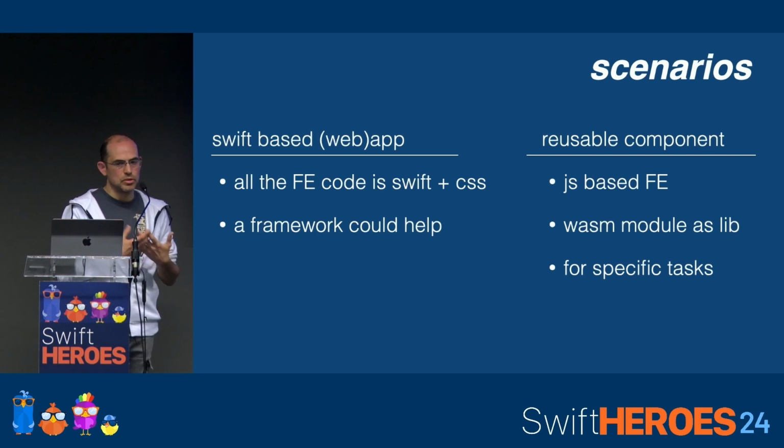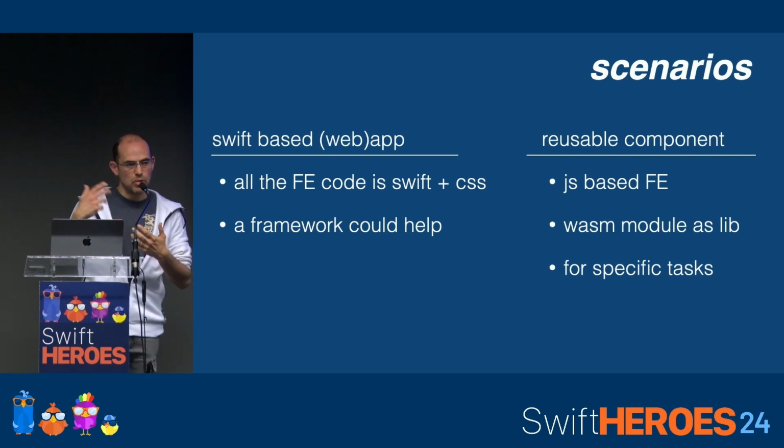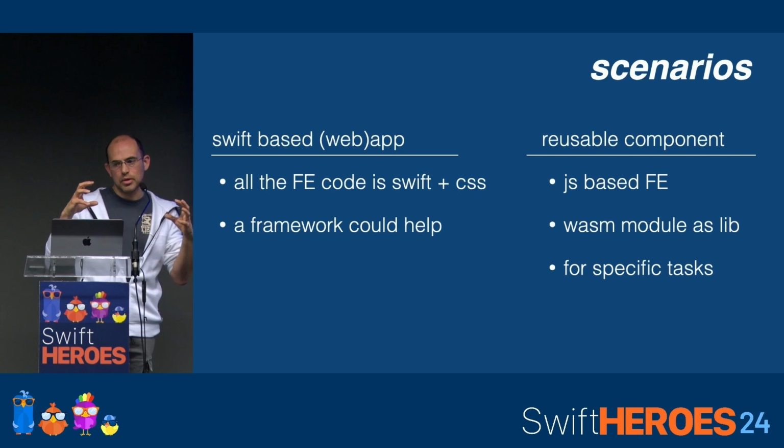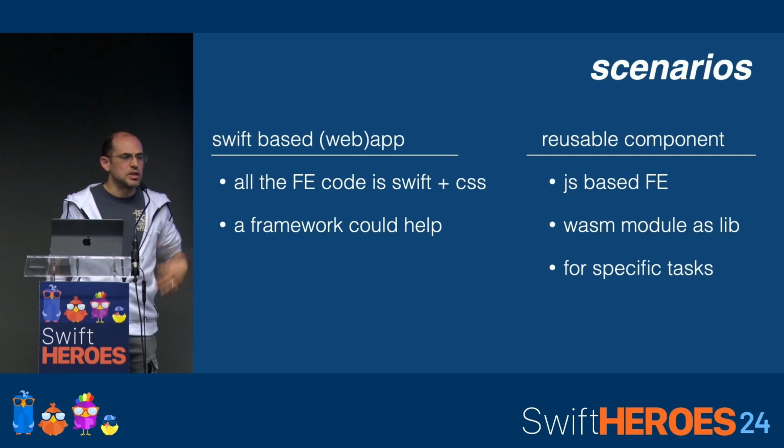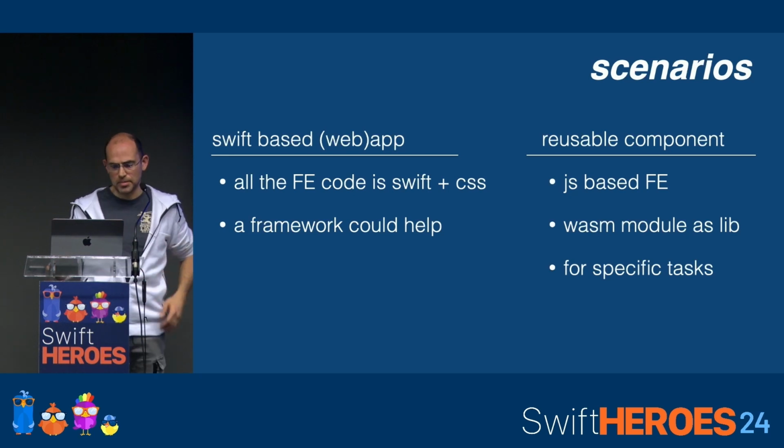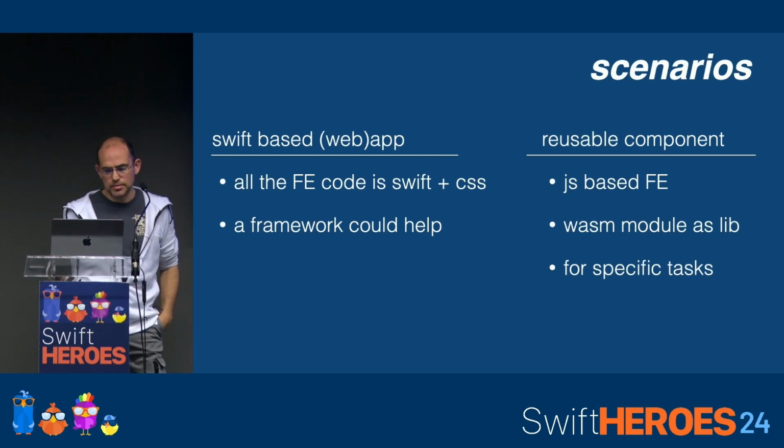So you use WebAssembly only to pack some vertical feature, and integrate it with your already existing web application, or with an application that is built by a front-end team of your company.